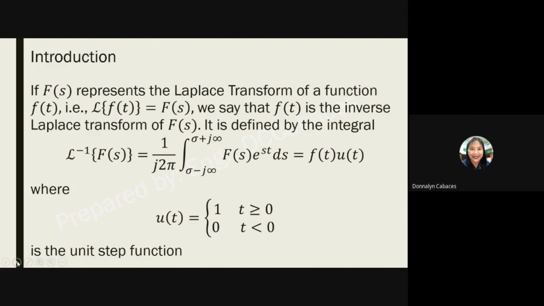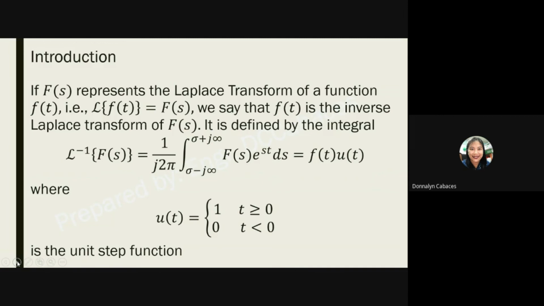So if you want to find the inverse Laplace of F(s), then you are to take this integral by definition. But in our class, again, I will not ask you to integrate, but we will be using the table of the inverse Laplace transform of some elementary functions. If you recall in our last discussion, I presented to you the table of the Laplace transform of some elementary functions.